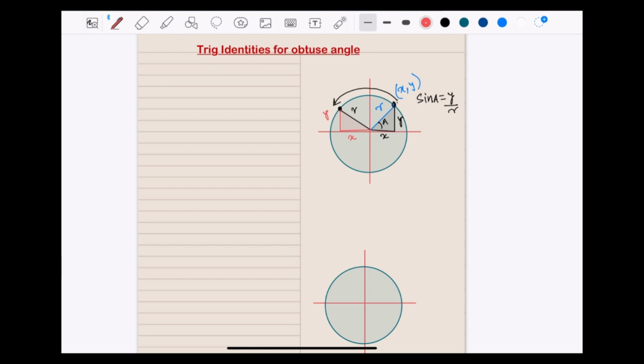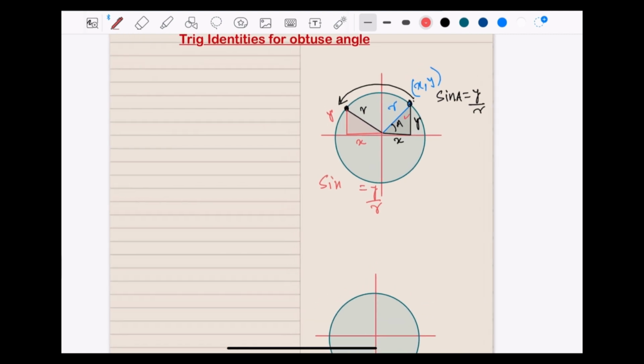And I can say that since sine of an angle is the ratio of y over r, it is also sine, y over r. Now notice that the first angle that I've drawn, A, and let's call this for a moment B, they both have the same y over r.